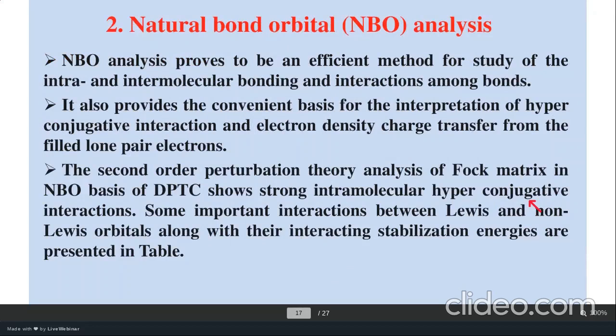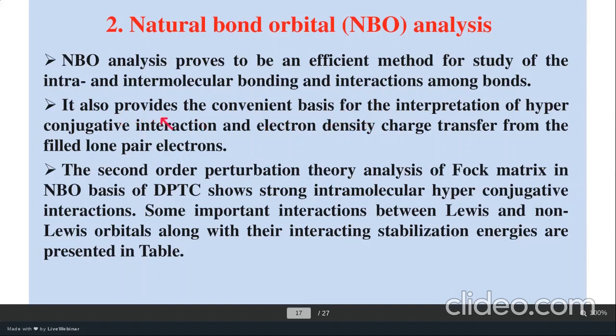Here the next one is the natural bond orbital analysis. NBO analysis has proved to be an efficient method for the study of intra- and intermolecular bonding and interaction among bonds. By using the natural bond orbital analysis, we can calculate the hyperconjugative interaction between the atoms.